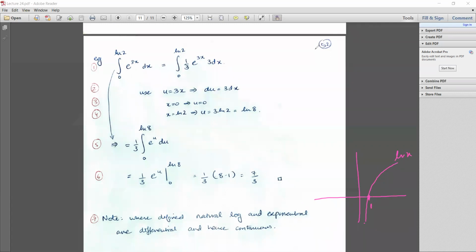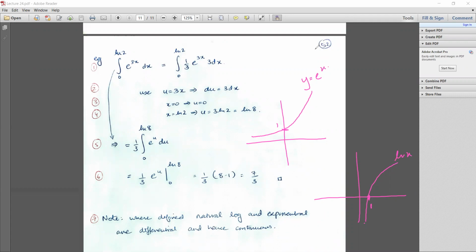Where at 1 you have an x-intercept. The graph of the exponential function looks like this, where at 1 you have a y-intercept. So this is the graph of e to the x. And you can see that wherever they are defined, we can draw the graph without lifting our pen, so they are continuous throughout their domain.